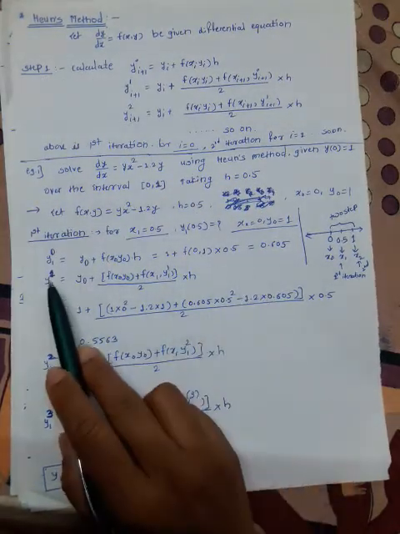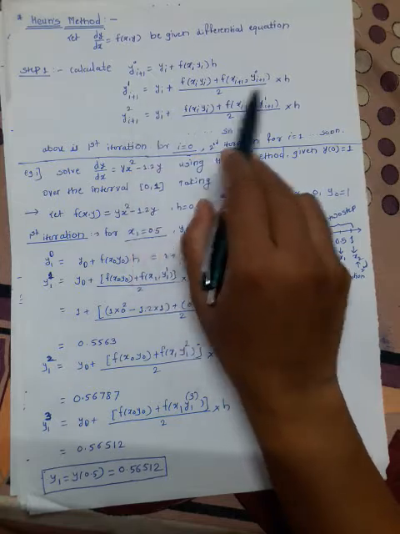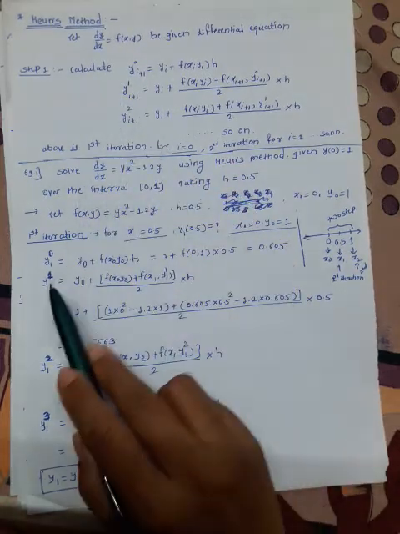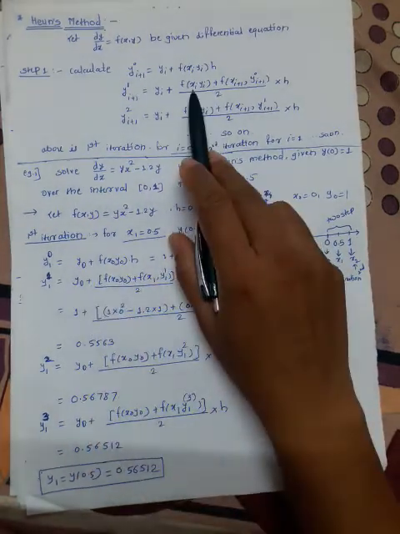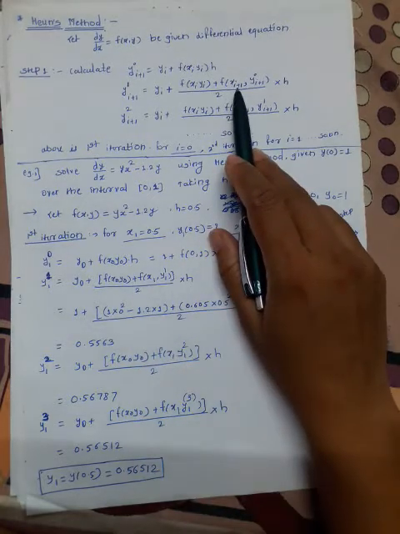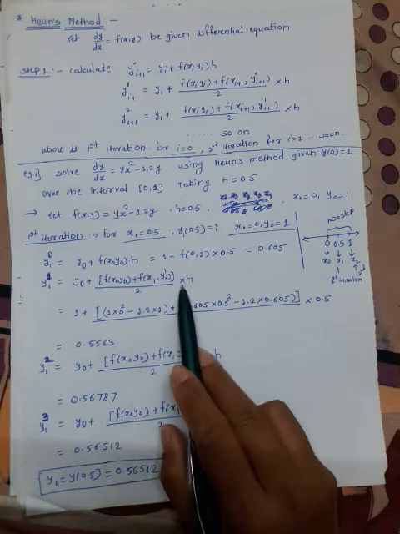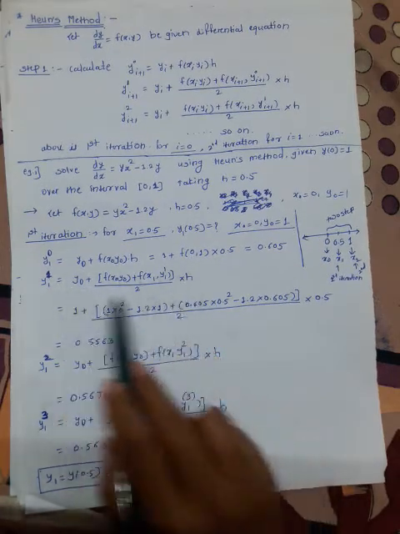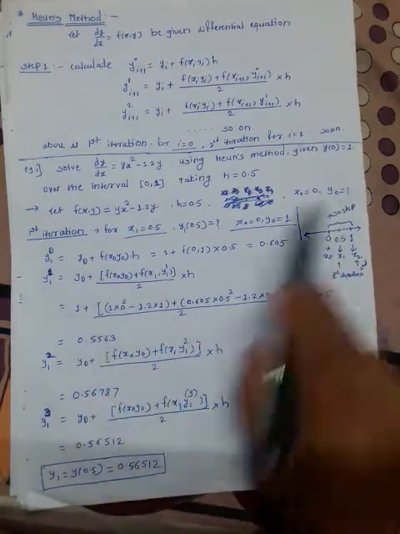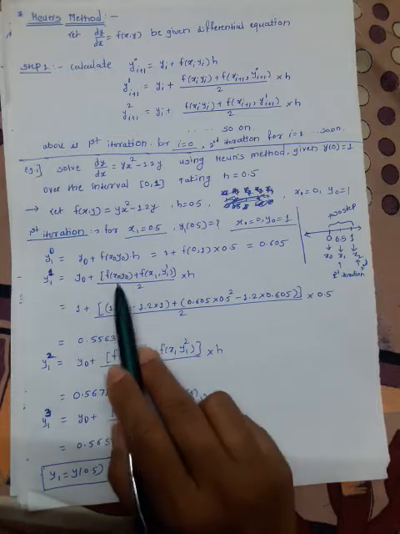Now second, i value becomes 0 here, we get y1 1 is y naught plus f of x naught, y naught plus f of x1, y1 naught, divided by 2, into this h. Now put the values. y naught is 1, it is given. f of x naught, y naught is the same as earlier, calculated in this step.